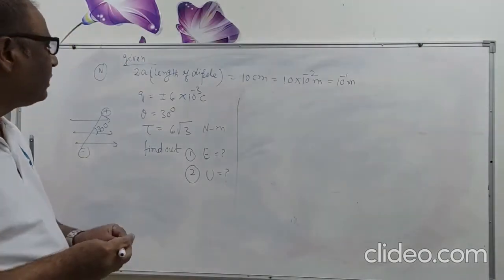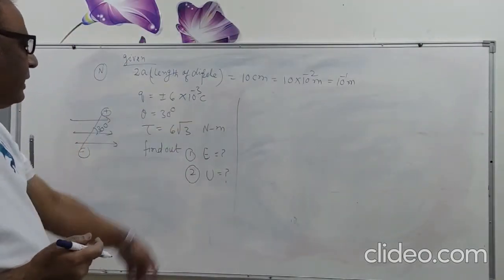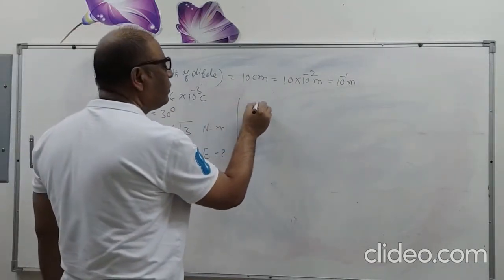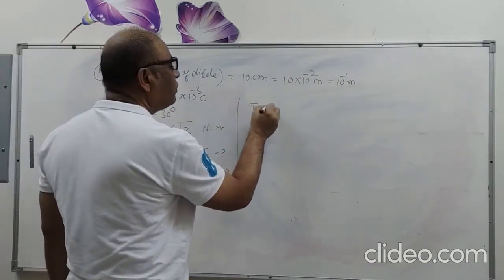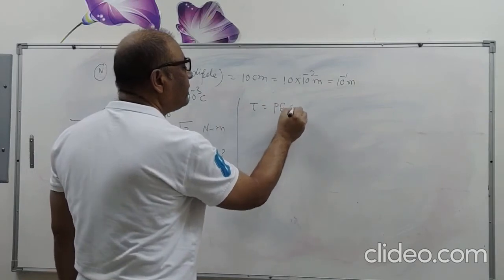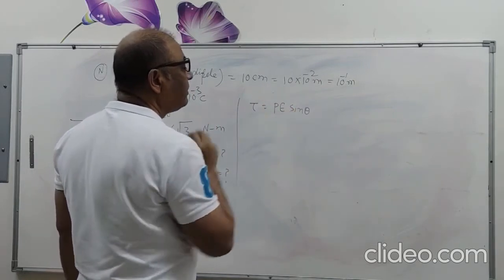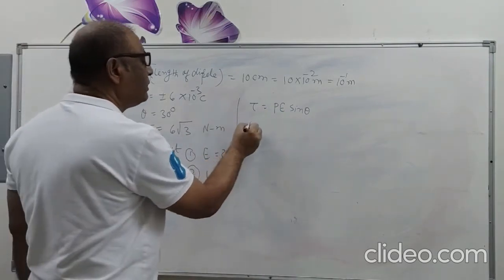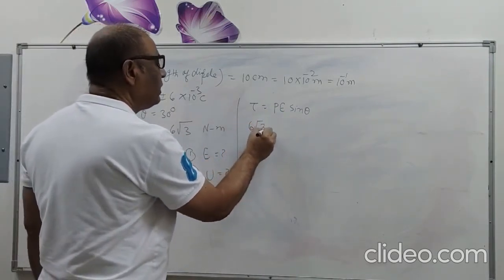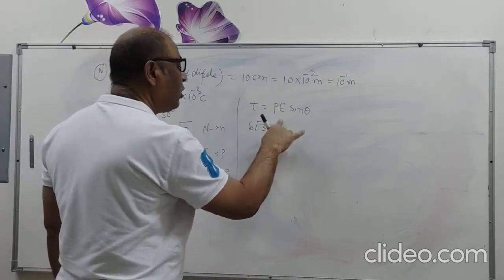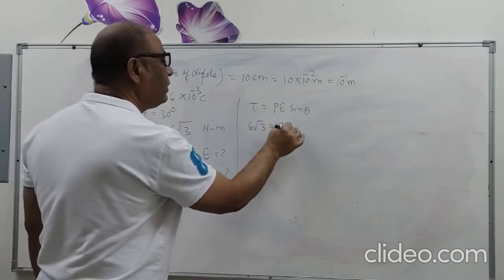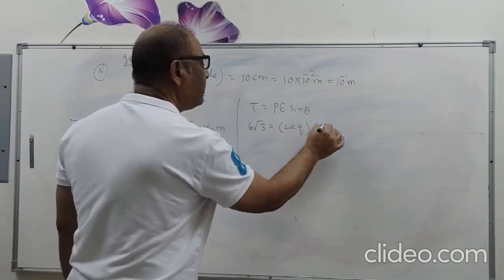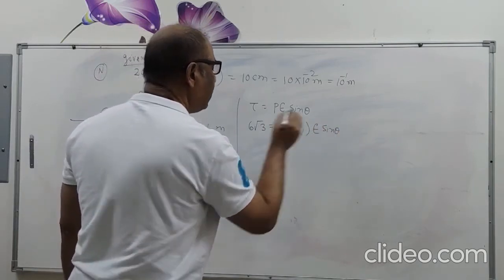First, everything is in the SI system. We know the formula of torque is equal to PE sin theta. Torque here is 6 root 3, equal to P, which we don't know, so that is 2A Q, and E sin theta.